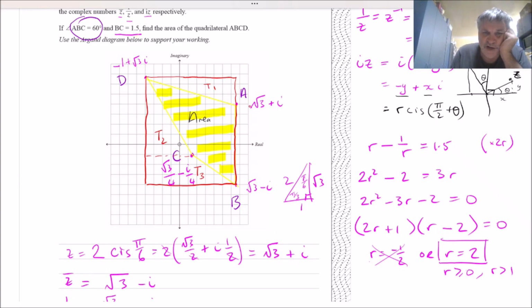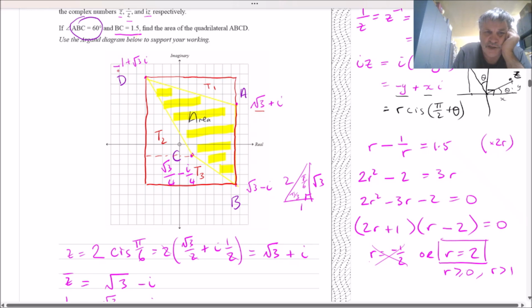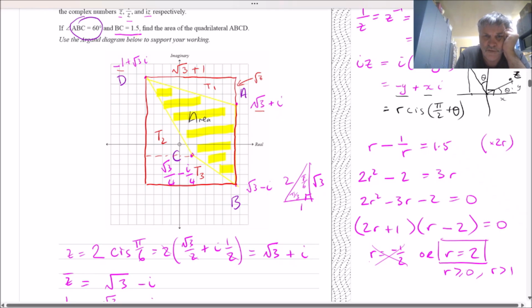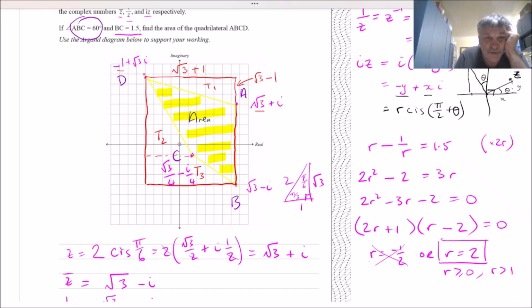So the difference in the x value, we've got root 3 here and minus 1. So this top side is root 3 plus 1, and the vertical side of that triangle goes up to root 3i, and it goes up to i here. So we're going to have in here, we're going to have root 3 minus 1. This triangle here, we've got root 3 up here, and then this is minus i over 4.